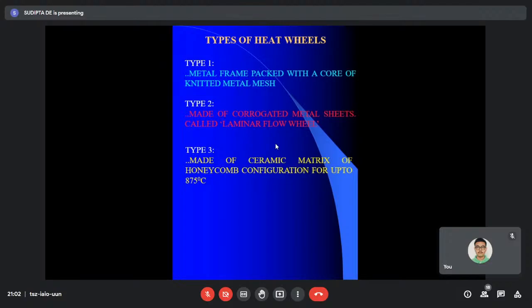We can extract more heat transfer without any effective increase of contamination, because we are increasing the surface area for the same volume. But the difficulty with this third type of matrix formation is that manufacturing this honeycomb structure is not very easy for metals, but it can be done more easily by using ceramics.